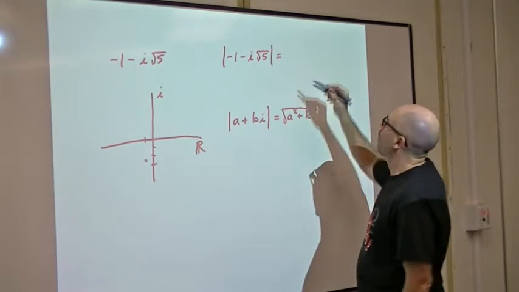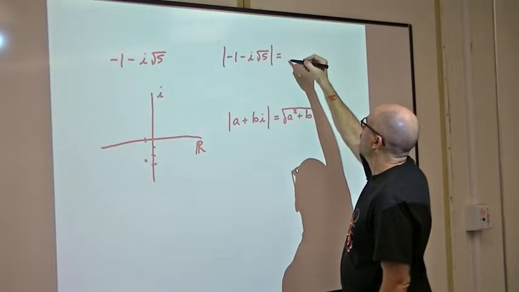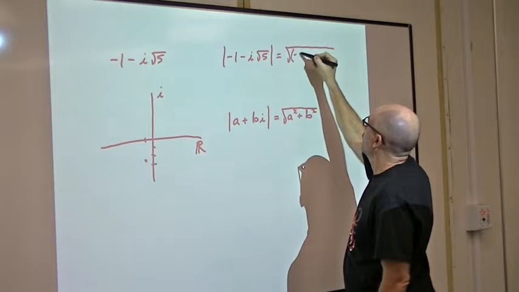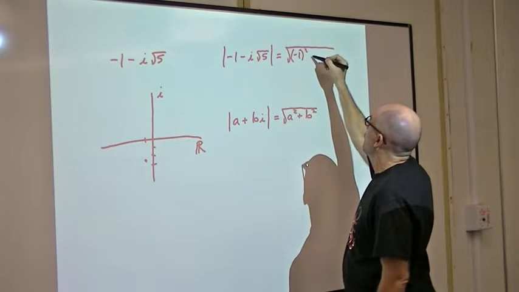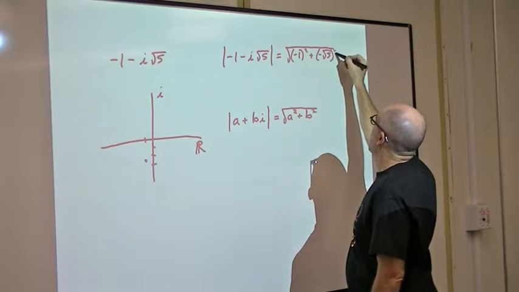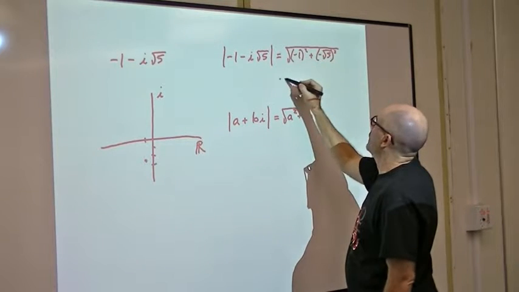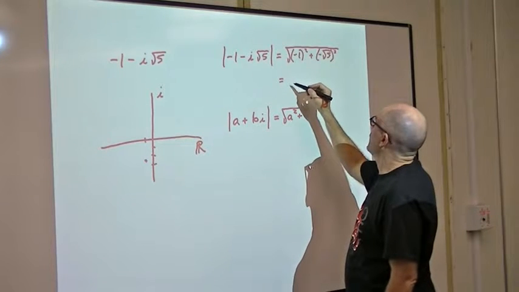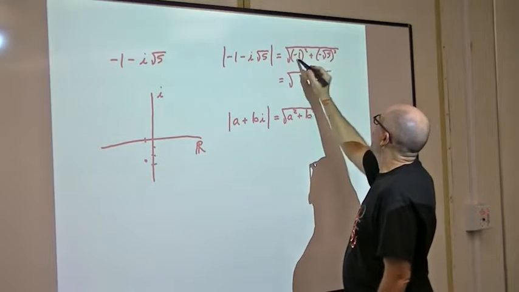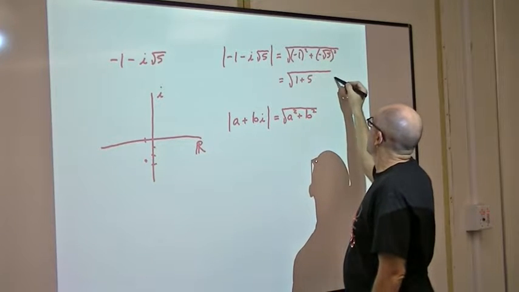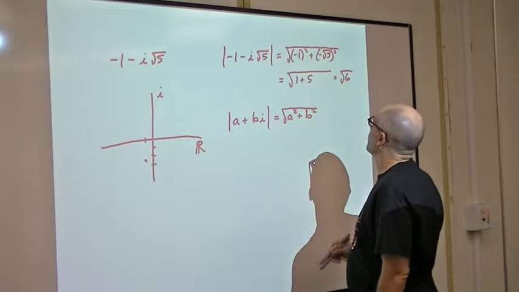Okay, so what is this going to equal? It's going to equal the square root of -1 squared plus negative square root of 5 squared. And the negatives aren't even important because you're squaring them, it's going to be positive. So this ends up being the square root of 1 plus 5, which equals the square root of 6.